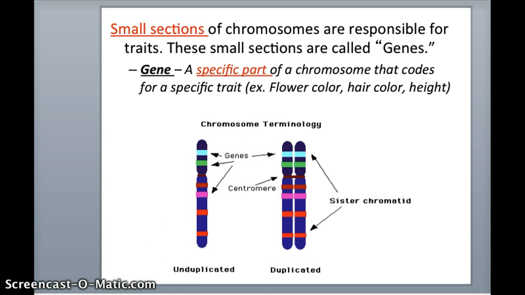I'll try to clarify as much as I can. But for the unit on genetics, these words will be very, very important, because if you don't know these words, the next section will be even harder. So make sure that you brush up on these words and that you're really understanding what these mean, so that when we go on to the next lesson, it will be easier for you to understand. Okay?